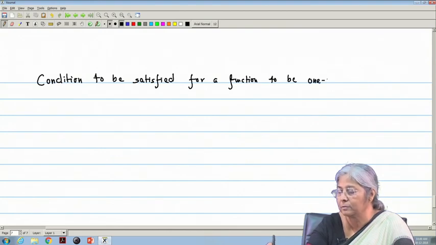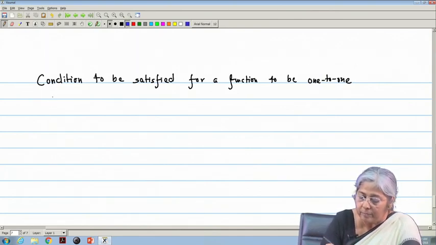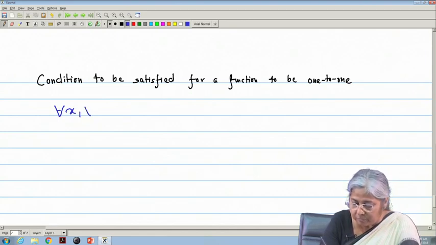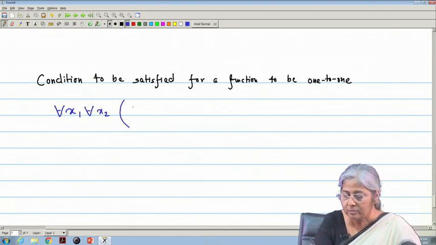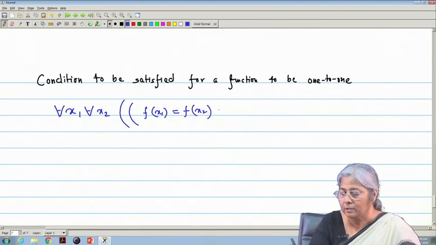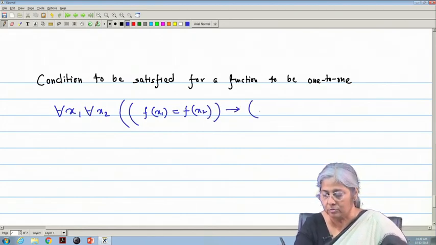First, one-to-one. I write that for all x1 and for all x2, if I consider two values, then f of x1 equal to f of x2 implies x1 equal to x2.